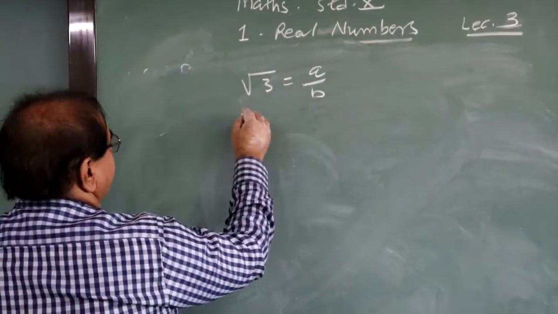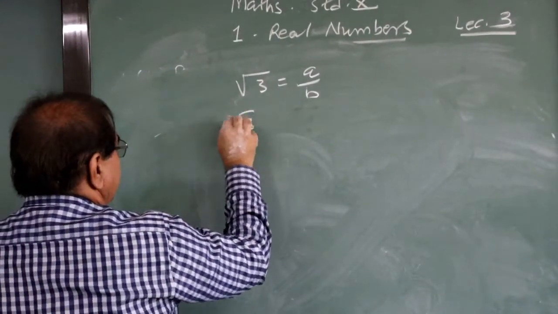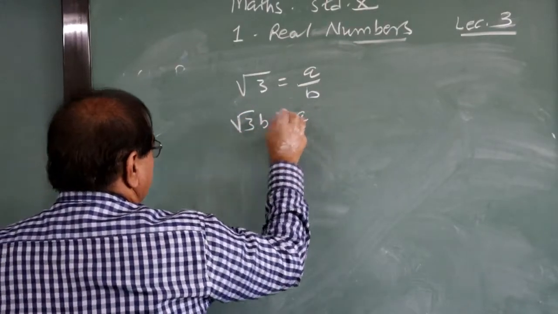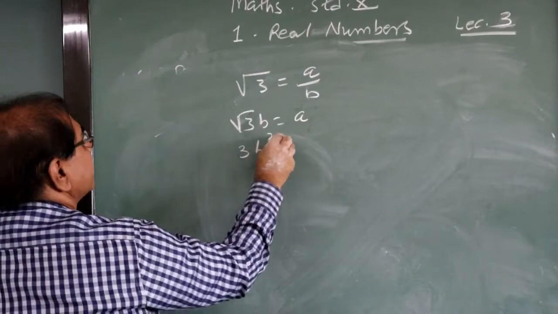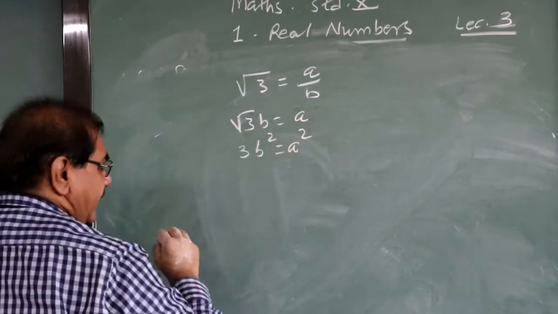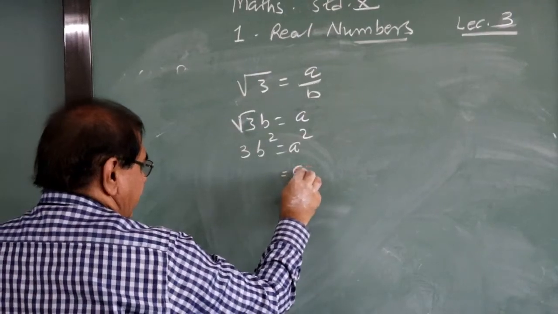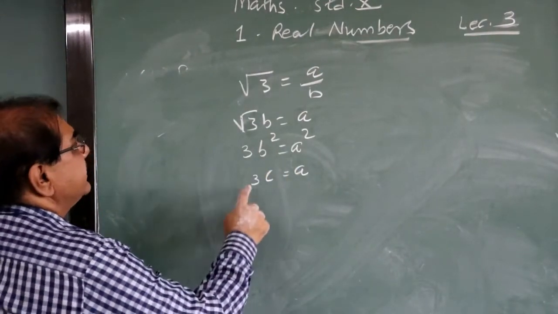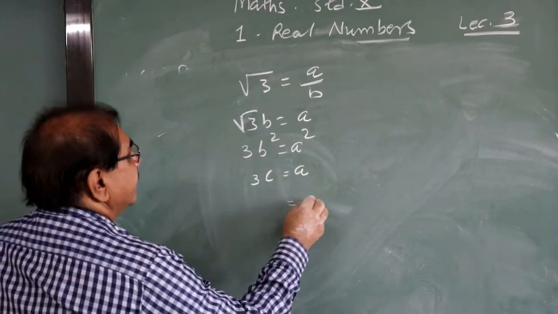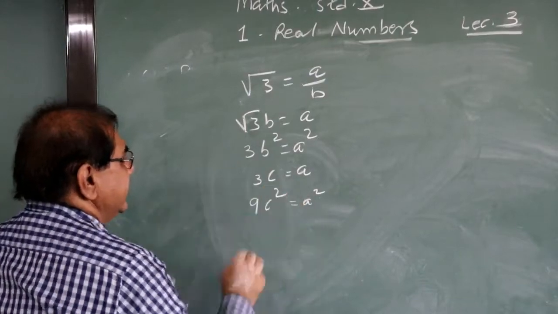So multiplying with b, root 3 b is equal to a, taking squares on both sides, 3b square is equal to a square. Therefore a square is a multiple of 3, so a also is a multiple of 3. Okay, so a is equal to 3c.